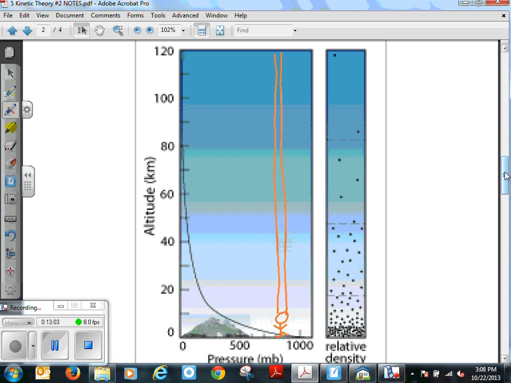A weight is not a mass, a weight is in newtons. Whatever all those particles weighed would put a force on top of your head. That would be one way to think of how the pressure is applied to you. It's the weight of all the particles above your head.